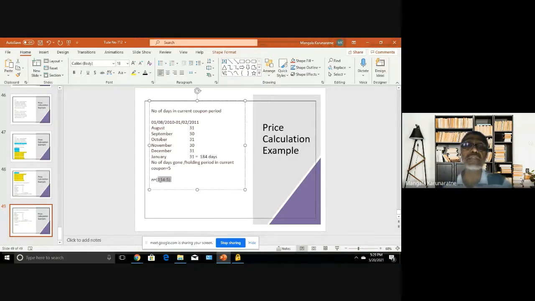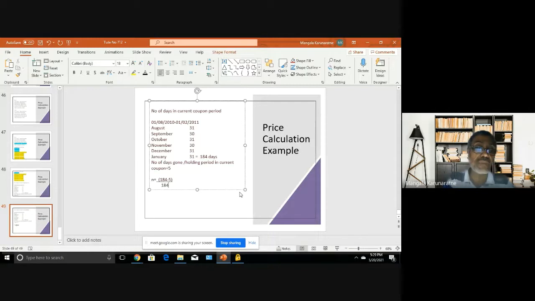N equals 184 minus 5, divided by 184, right?